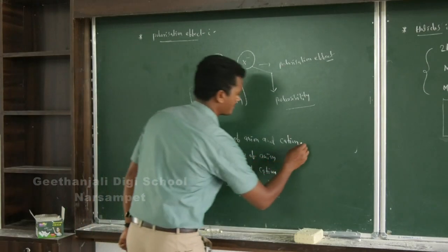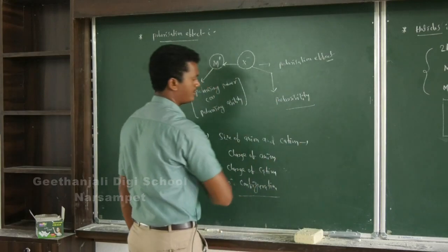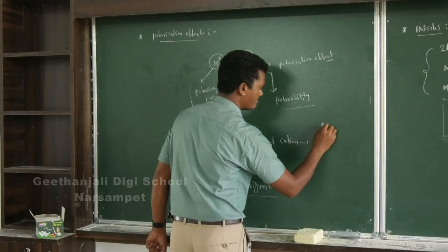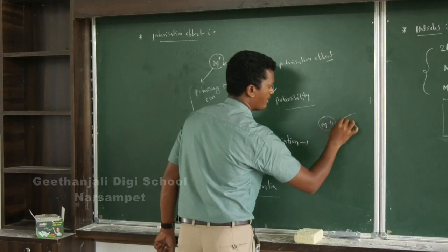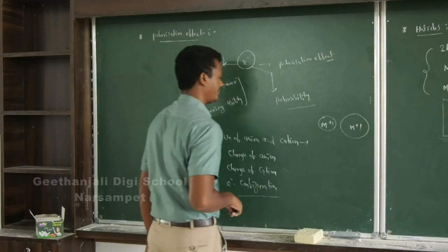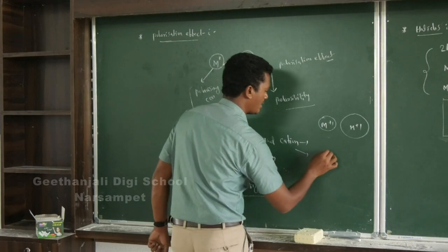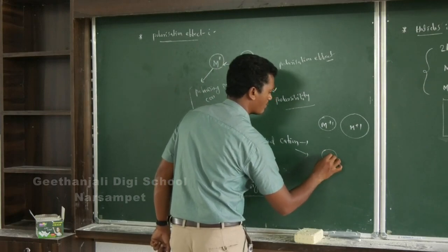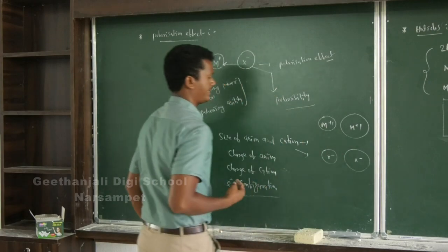For this purpose, let me take two different sized cations and two different sized anions. For example, here I am taking one small sized cation and one large sized cation, and to explain about the anion, here also I am taking one small sized anion and one large sized anion.